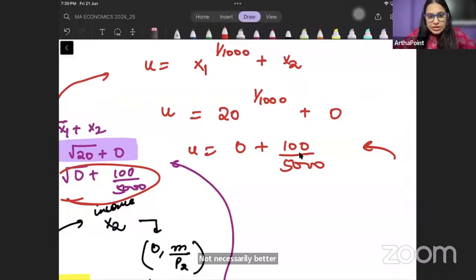Try to understand that although the price of good 2 is 5000 and income is 100, choosing the bundle with the highest utility is correct.